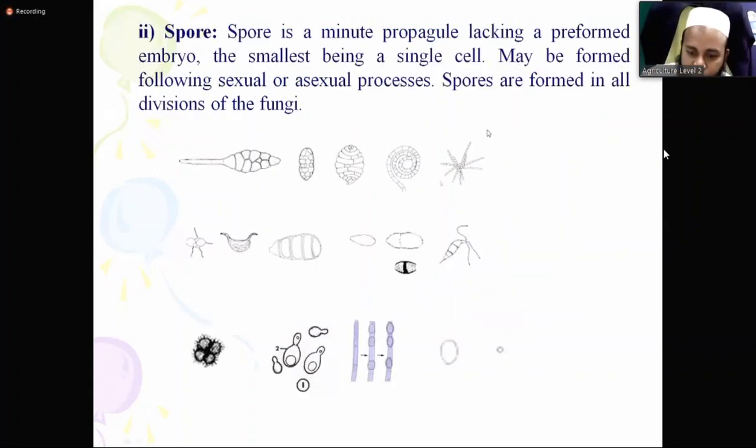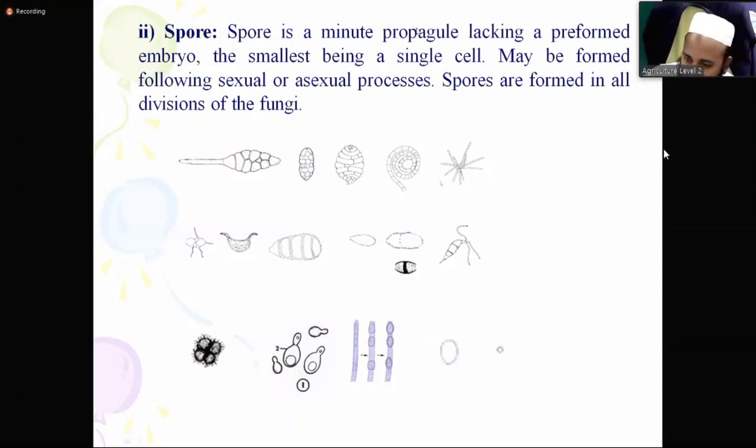So now spore. What is spore? Spore is a minute propagule lacking a preformed embryo. Minute means very small, tiny.